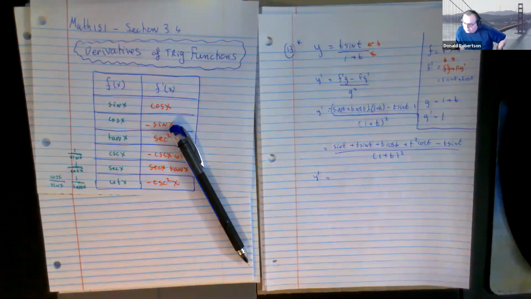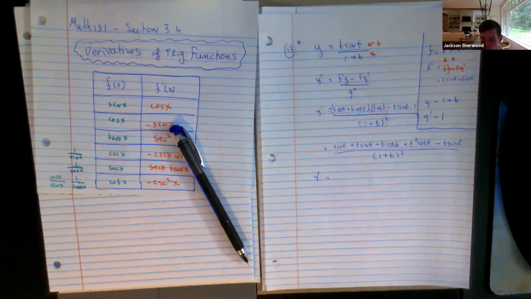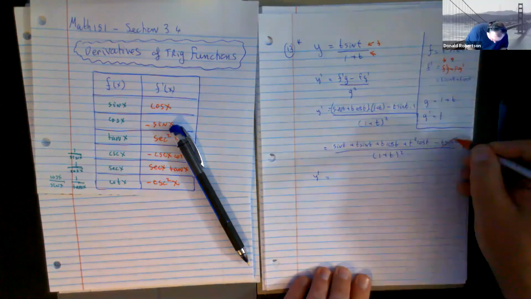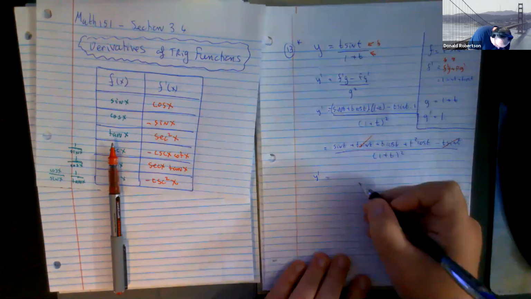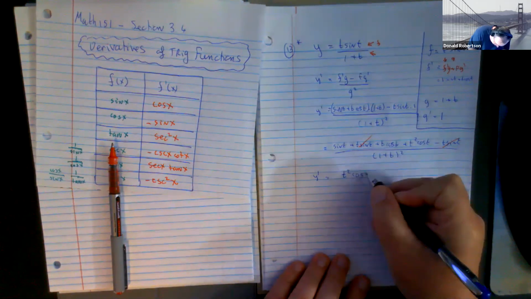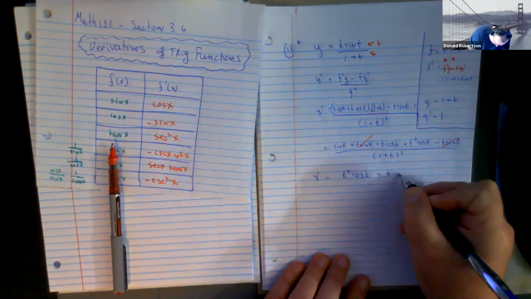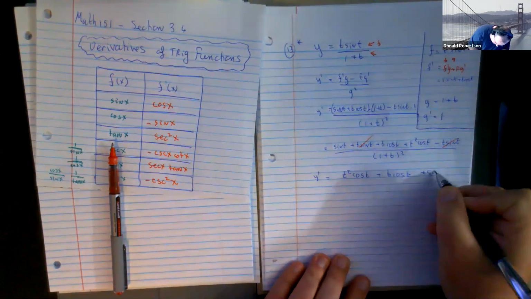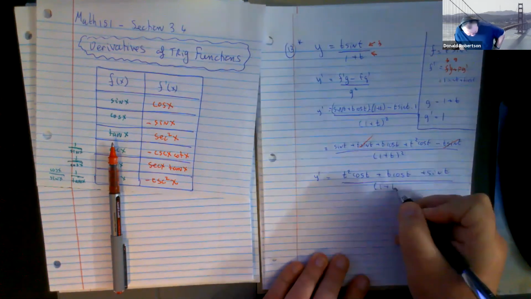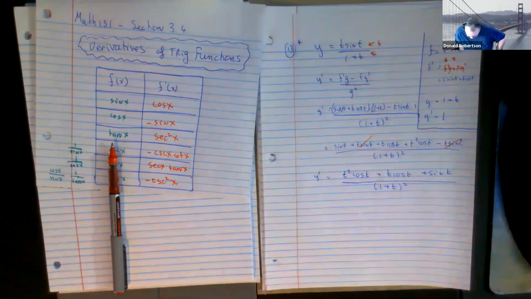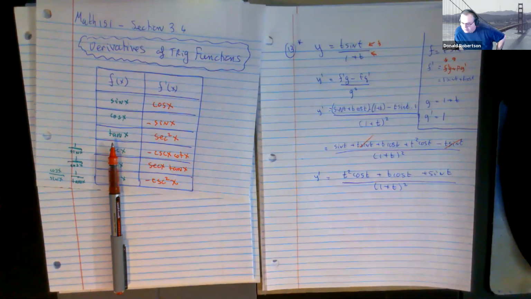Can you see the guy I'm talking about? Somebody gets cancelled by somebody else. T sine t. Who gets killed? Yeah, that guy gets killed off. So what am I left with? Because I'm a picture straightener, I'm putting that guy first, that guy second, and that guy third. And I'm going to do it as a 1 plus t squared. I'm going to look at that and say, that's as good as it's ever going to get. So I'm finished.